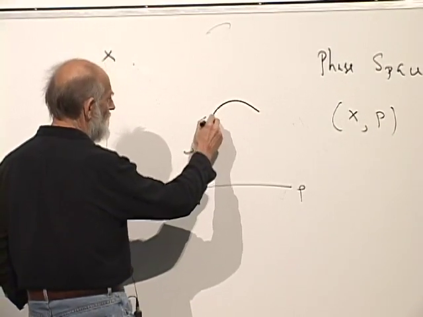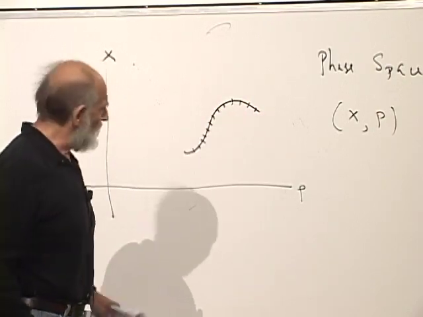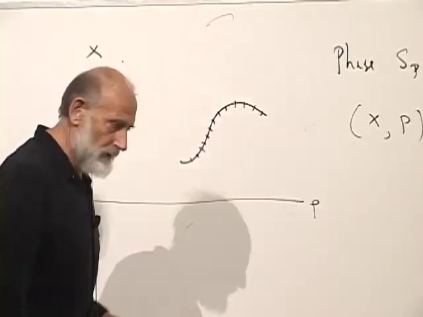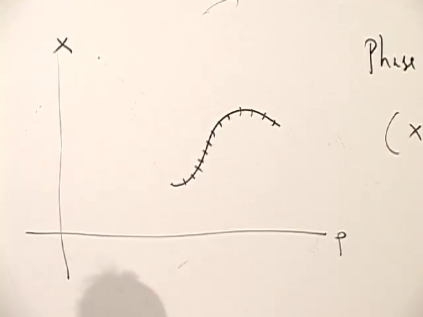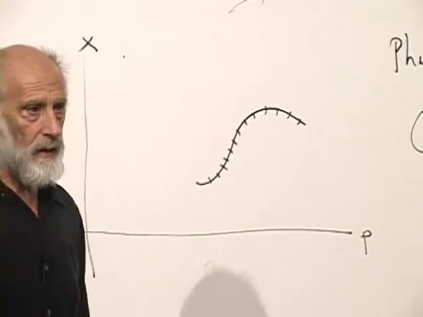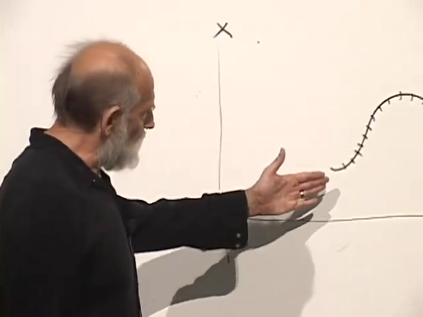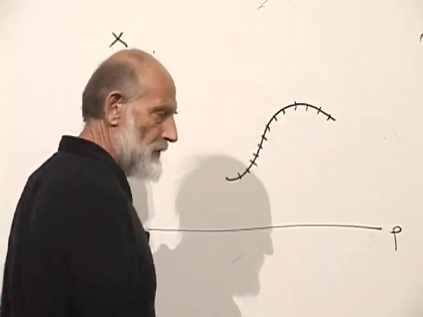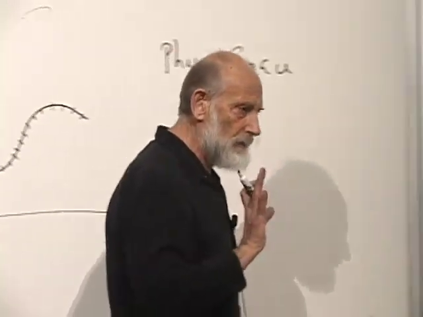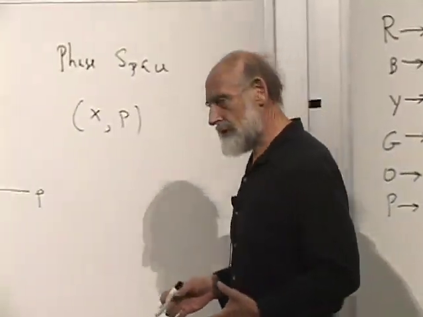These little ticks here could be microseconds. Of course, the motion is continuous, but you could divide it up into microseconds if you like, or nanoseconds, or whatever you want to do, and draw the trajectory. And that's the trajectory in the phase space. It's not the trajectory of the object in space. It's the trajectory through this phase space.